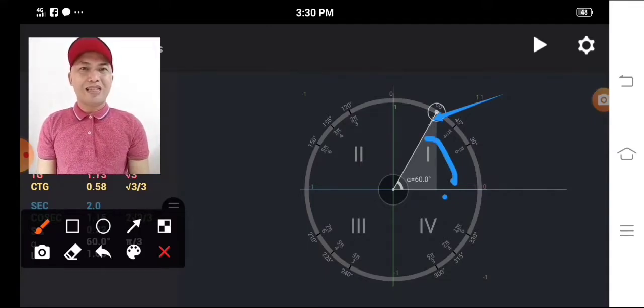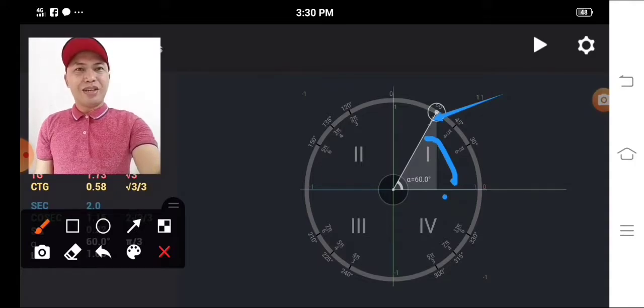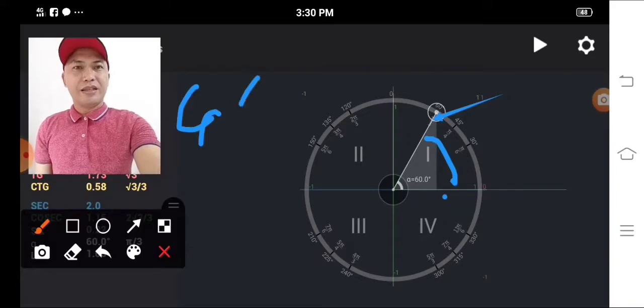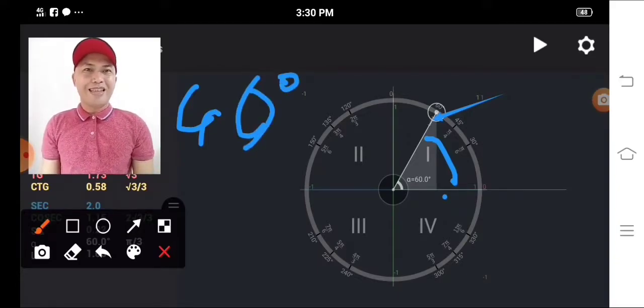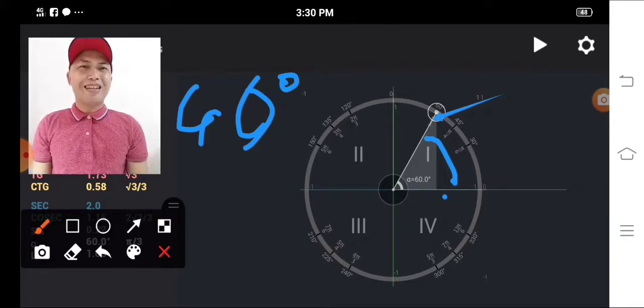So it is its least positive coterminal angle. That is measured as 60 degrees. Its least positive coterminal angle is 60 degrees.